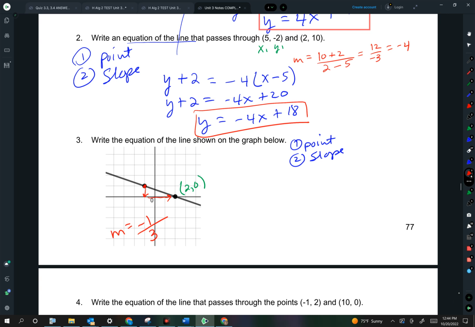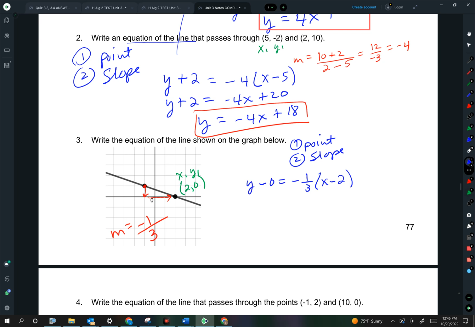All right, so I'm going to use my x1, y1 right here, and my slope, and I'll write the equation. So it's going to be y minus y1 is 0 equals, slope is negative 1/3, and then x minus, the x1 is 2.